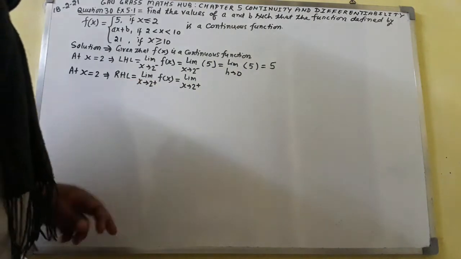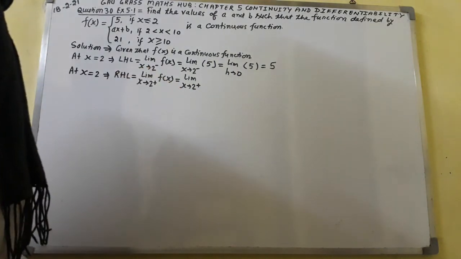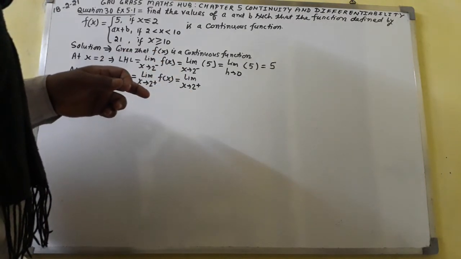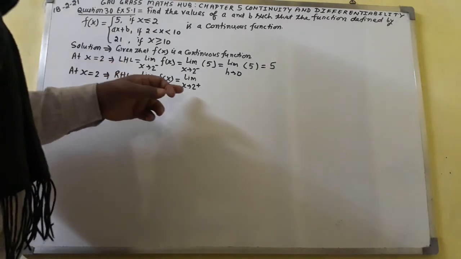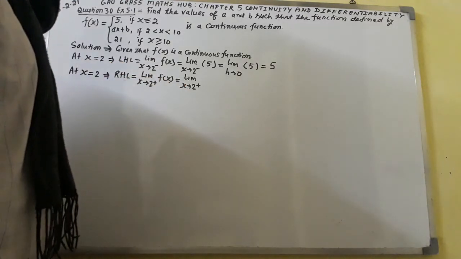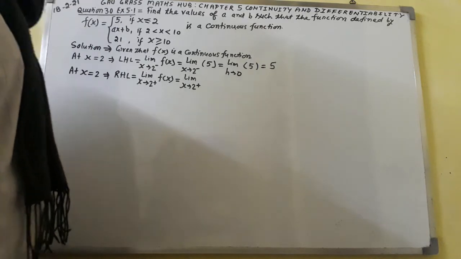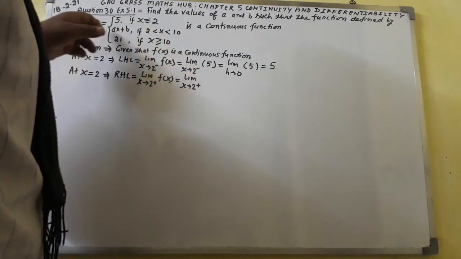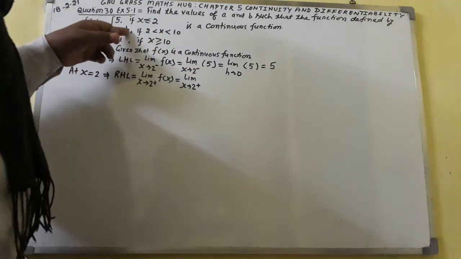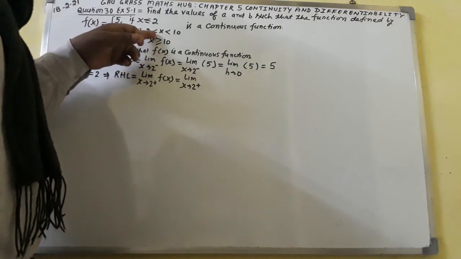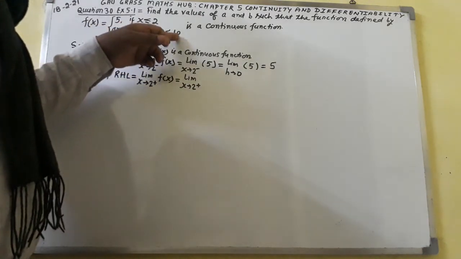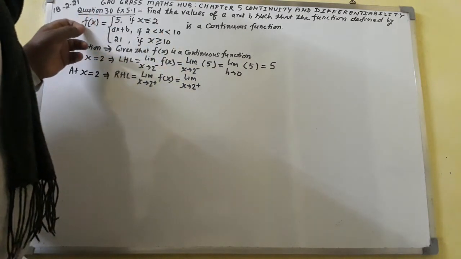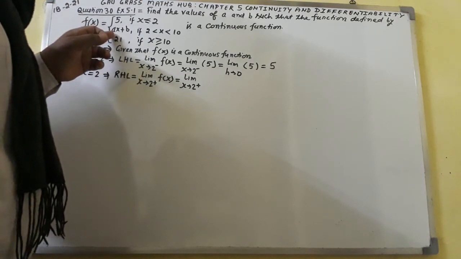So we have to choose the function in which the value of x is greater than 2. You can see the second function, f of x equal to ax plus b, if 2 is less than x less than 10. This means that the value of x is greater than 2, so I shall write the function f of x equal to ax plus b.